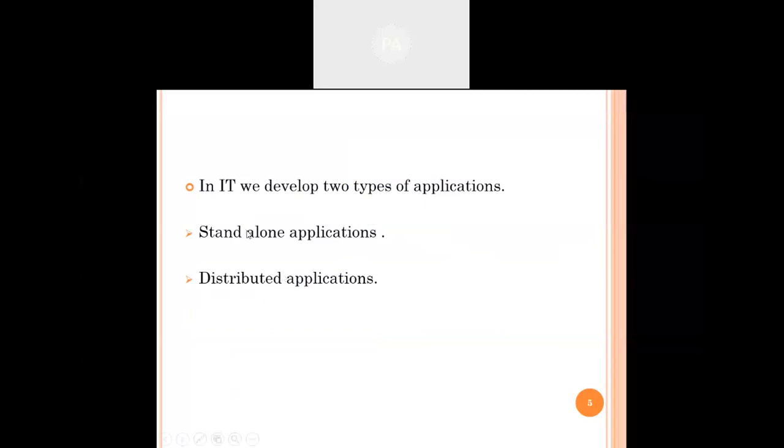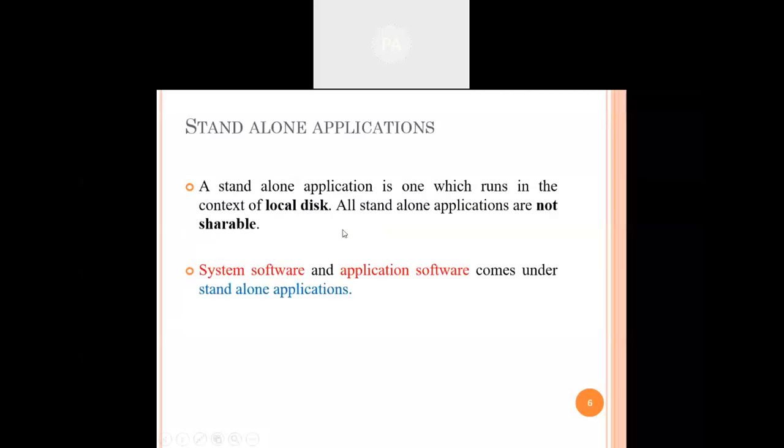A standalone application will be executed on the single hard drive, whereas a distributed application will be executed in the context of World Wide Web, on the browser, whose result is shareable, and standalone application results are not shareable.